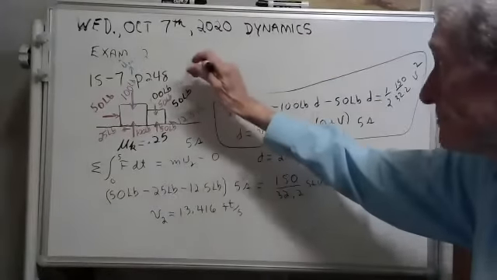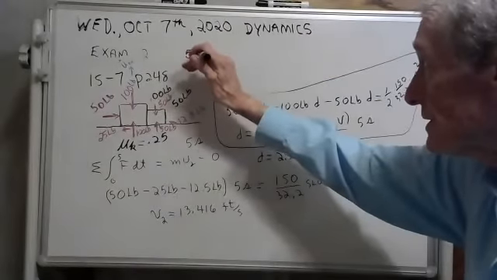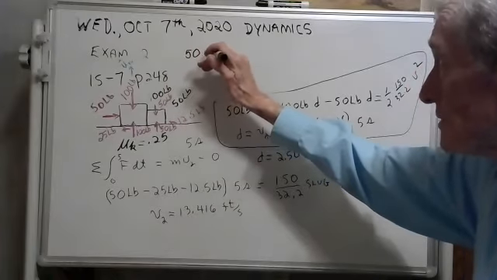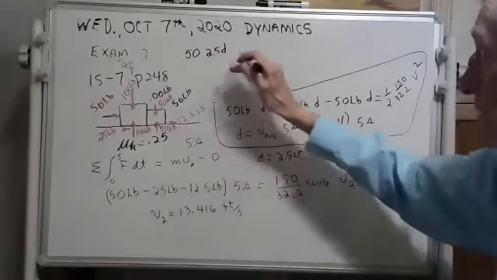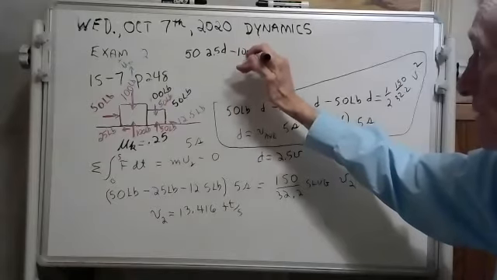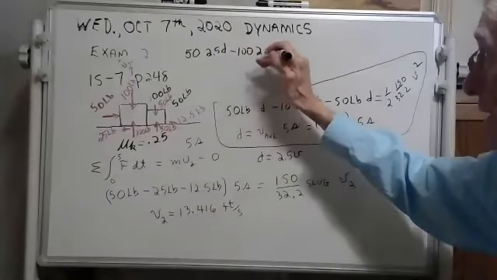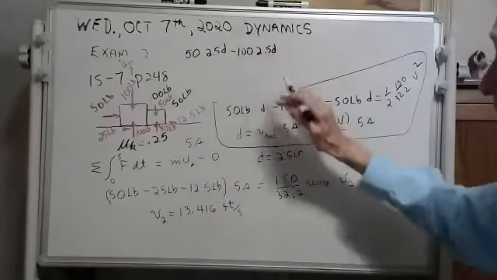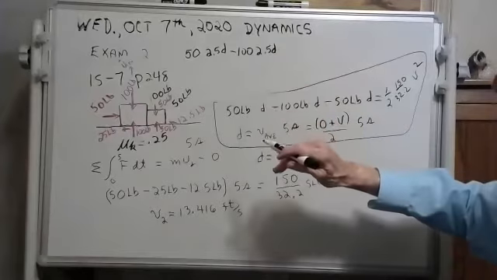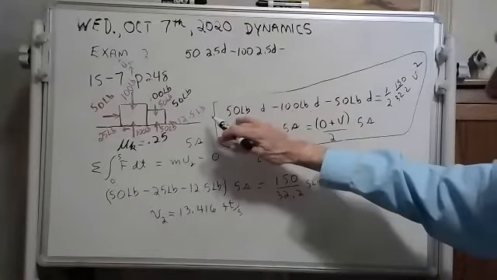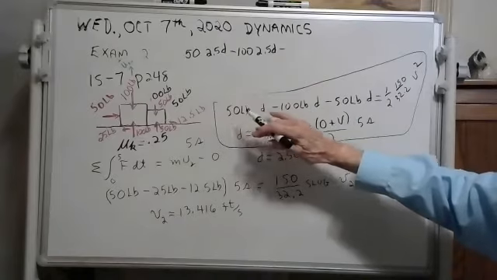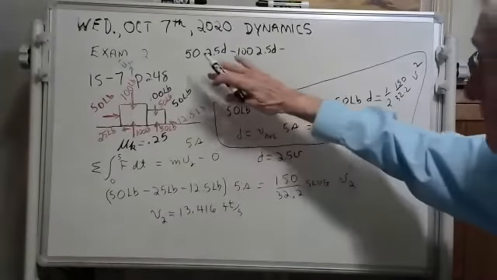So here's what we got. We got 50 times 2.5 v, minus 100 times 2.5 v, minus, hey, you know what, that's 50 times 2.5, not 2.5, I mean v.